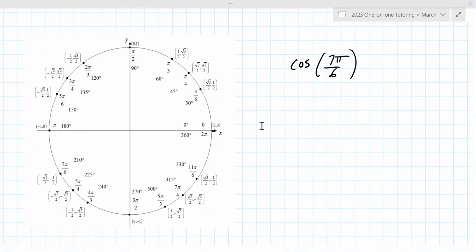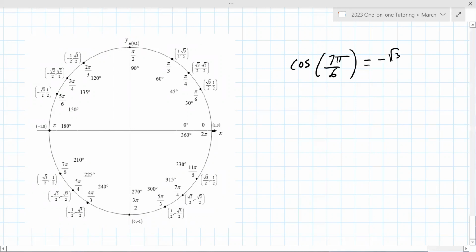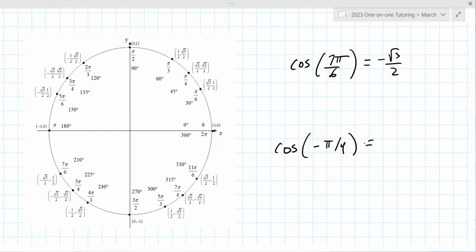Oh, so it would be negative radical 3/2. Good. Now, how about the cosine of minus pi over 4? Pi over 4. That would be radical 2/2. Yes.